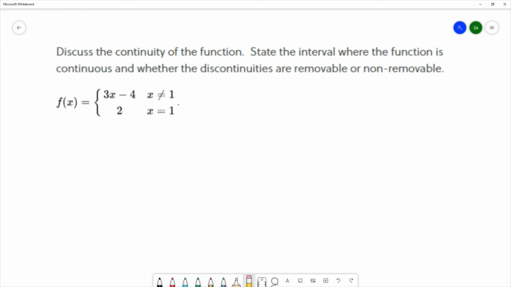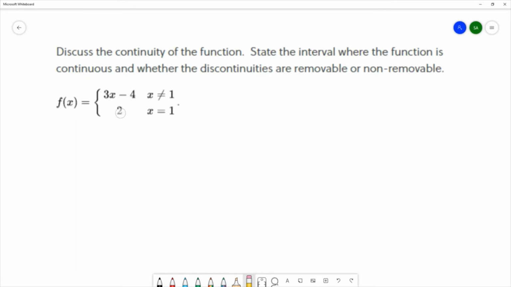So we want to find whether this function is continuous. Now, if I think individually on these equations, 3x minus 4 is a linear equation, and that is a category of polynomials. And so on its own, this function will be continuous.